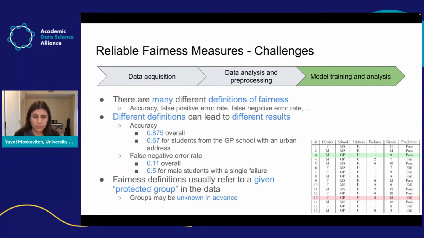For instance, one of the sources of the bias in the grading algorithm I mentioned earlier was that it used a historical score of the school to make the prediction. But school or school ID is not a natural sensitive attribute. So it's easy to overlook groups that are defined using this attribute when we analyze the fairness of the model.